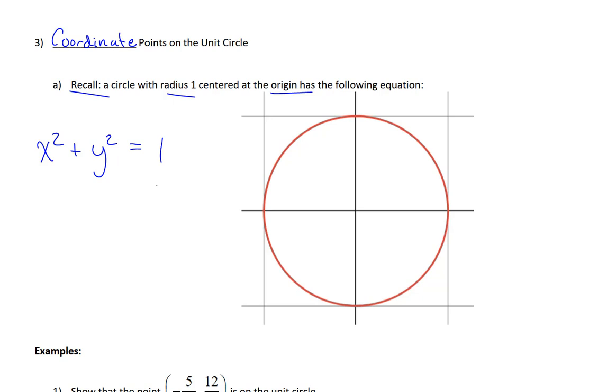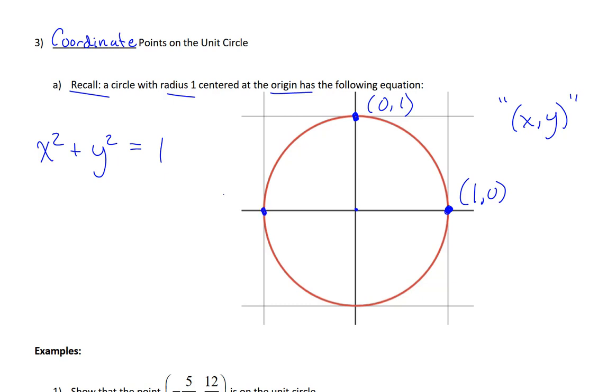And so if you take a basic image of a circle centered at the origin with radius 1, you'll notice it has a few points that we could plot. On the right side, it has the point (1, 0). At the top, it has the point (0, 1). Again, using just the x, y setup of the coordinate plane. That's what we're working with here.